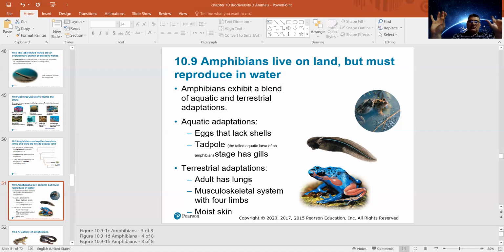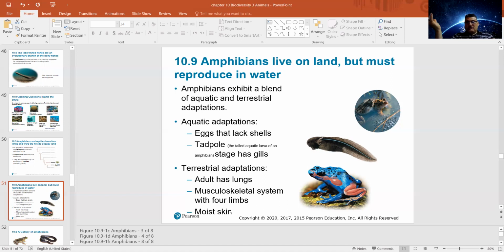How about the adult? The adult lives on land. What helps them to live on land as an adult? They have lungs to breathe from the air. They have their musculoskeletal system, meaning muscles and bones, and they have four limbs, and they have moist skin. Moist skin will keep your moisture, keep your water in.